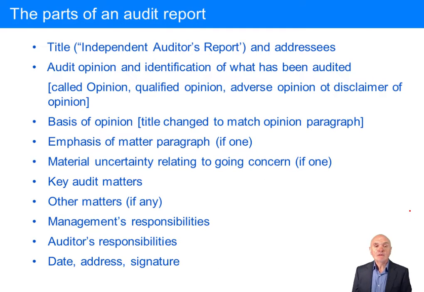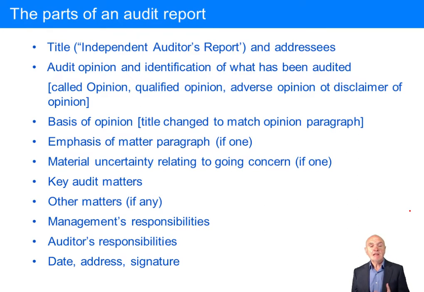After that, it gets on with what's called the basis of opinion. And again, that title would be changed to match the opinion paragraph. So it could be changed to basis of qualified opinion, basis of adverse opinion, basis of disclaimer of opinion. And here's where you explain how you got the opinion.